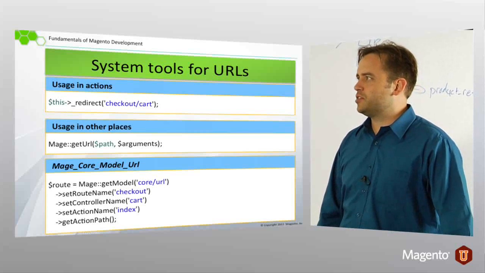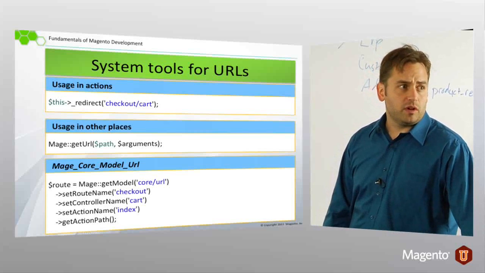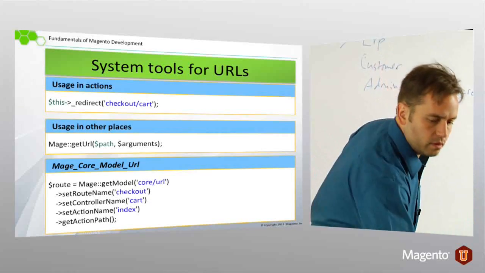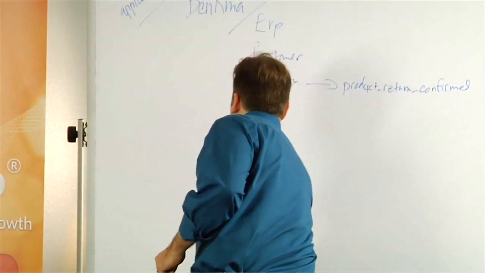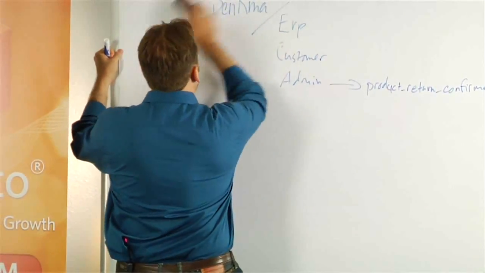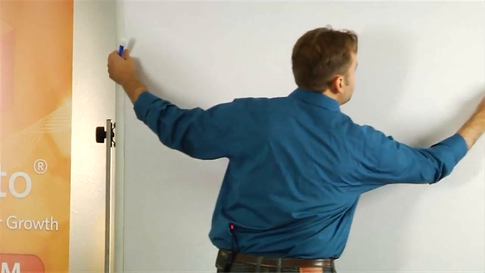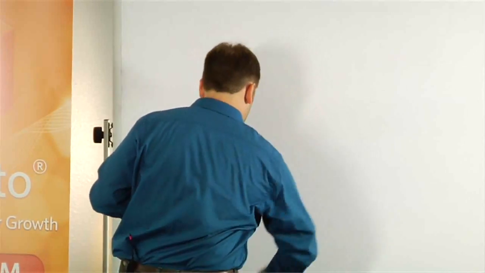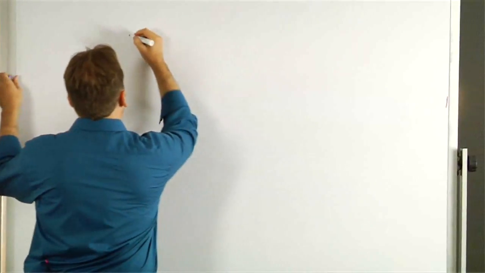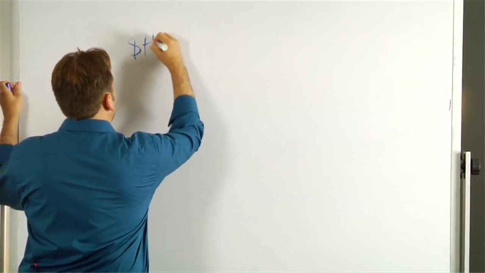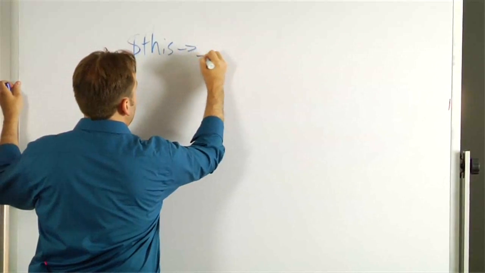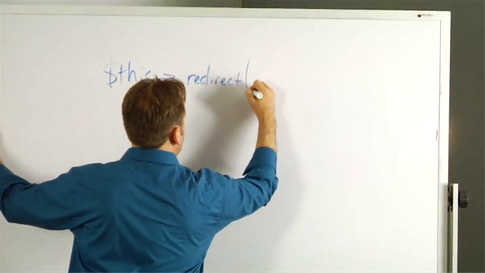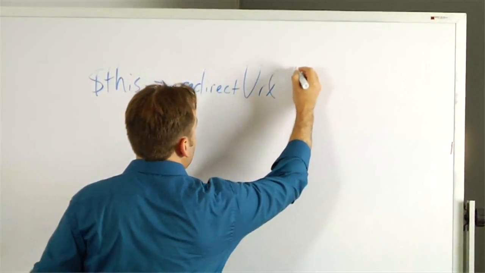If you need to do an external, like a direct redirect to an external URL, instead of redirect, which will try and map something internal, you would use this, redirect URL.